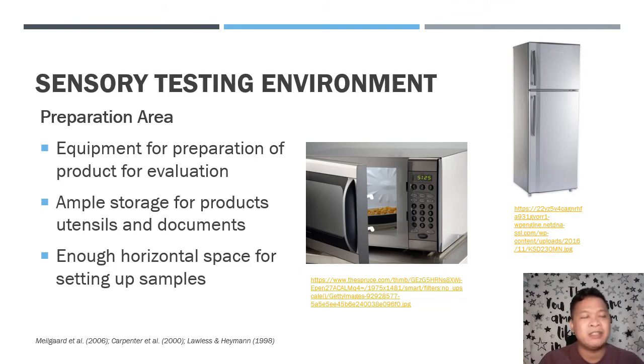So imagine yourself being in, let's say, a fast food kitchen. So you have to be efficient in the use of space, and it would allow you to have a certain workflow. Although at the same time, since the sensory testing kitchen is very generic, then you should have a layout that's applicable to the use of different products.